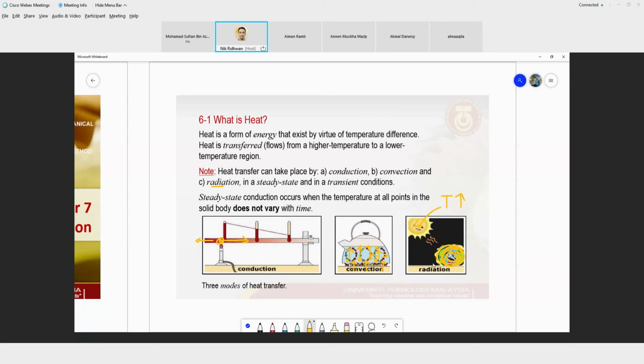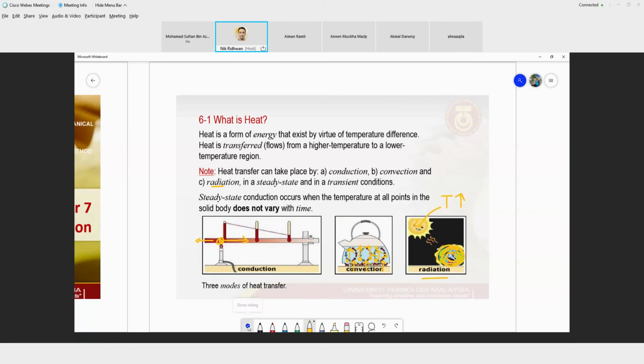This process is called radiation. So we have two systems that are far apart, but the heat can still be transferred from one to another through the process that we call radiation.